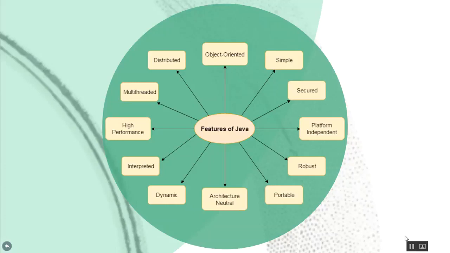Java is robust. Robust simply means strong. Java uses strong memory management. There is a lack of pointers and it also provides automatic garbage collection. Automatic garbage collection means if you are working with any very memory-occupying resource like a file structure or something like that, you don't need to take care of releasing the memory.